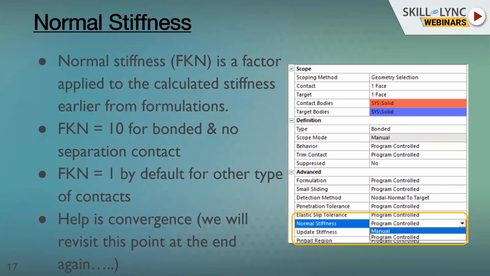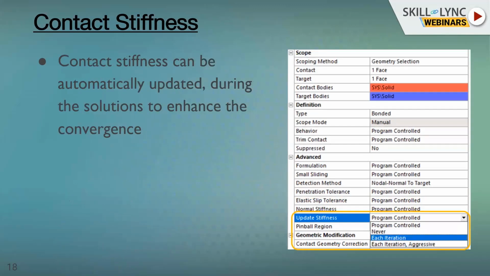We will revisit those points later when we are discussing contact convergence. The main point I wanted to discuss in the normal stiffness is that it is a factor which is multiplied to the contact stiffness calculated by different methods, as per the user's requirement. For the default problems, FKN is 1. For bonded contact and no separation contact, FKN is 10. That is enough for now. We will revisit this point again at the end of this lecture.